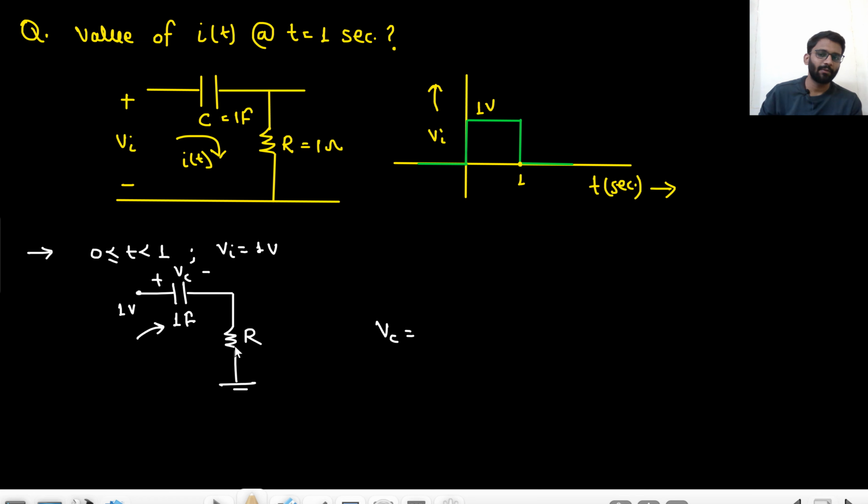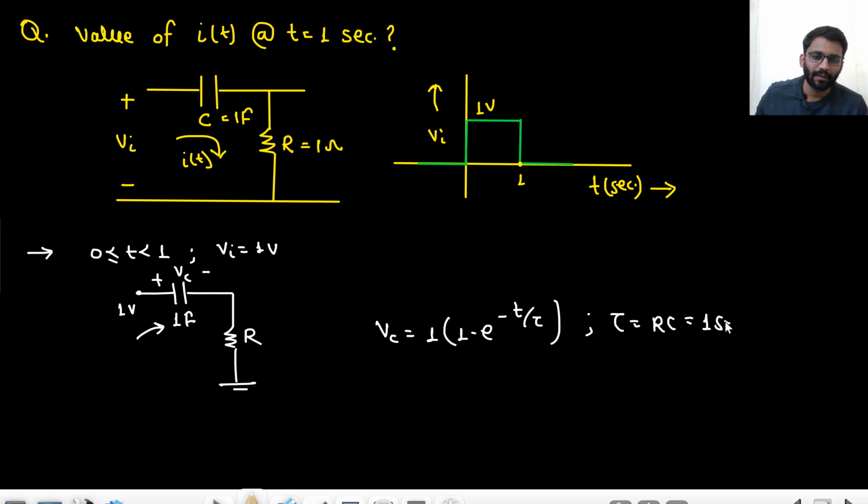At t equals infinity, at steady state, that will be 1, because here I have 1 volt and here 0, and the capacitor will be open circuit at steady state. So the steady state value of the capacitor voltage will be 1 volt. It will be charged like this, with e to the power minus t upon tau, where tau is RC and the value is 1 second. So Vc(t) is 1 minus e to the power minus t, and you can also write u(t).